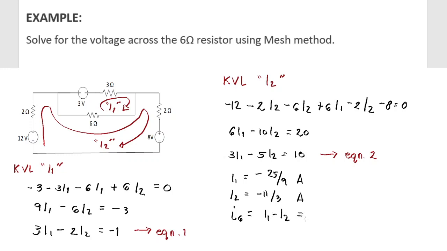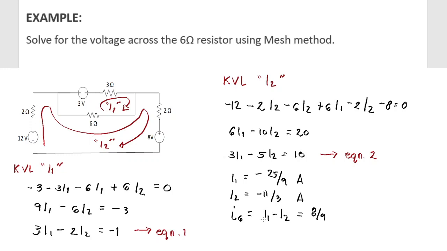If we do that, this will be equal to 8 over 9. It's positive. Now what we did, we equated I6 as I1 minus I2.